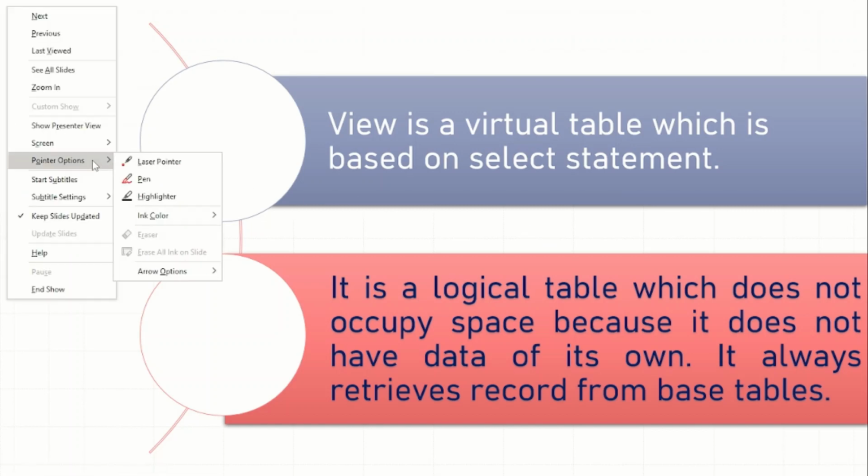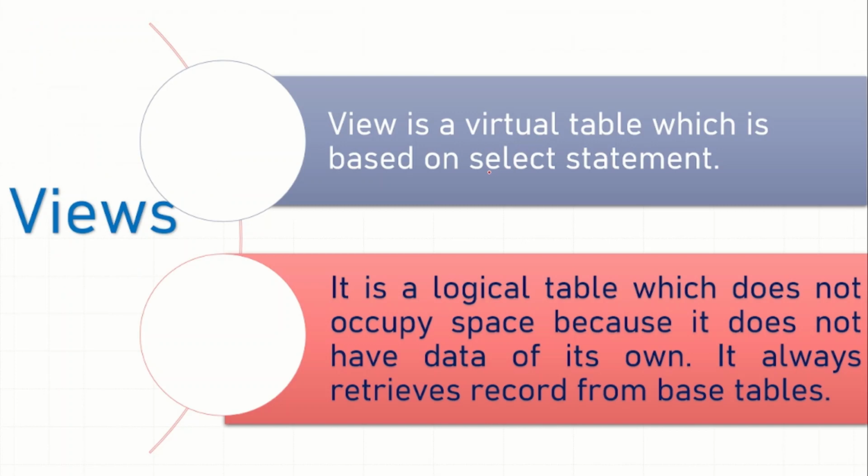So if we go ahead further, it is based on a select statement. Clear? Suppose I am having a table called EMP. We all know that the EMP table has EMP number, e-name, job, salary, commission, hire date, and department number. These all things are there.